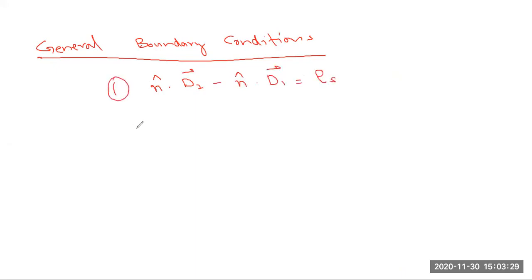This is the first boundary condition. Second one is n dot B2 minus n dot B1 is equal to 0.